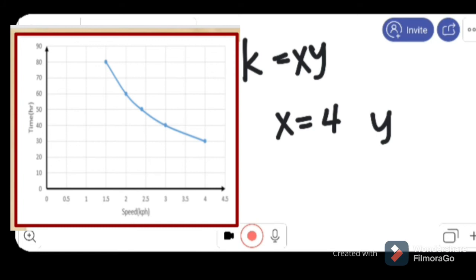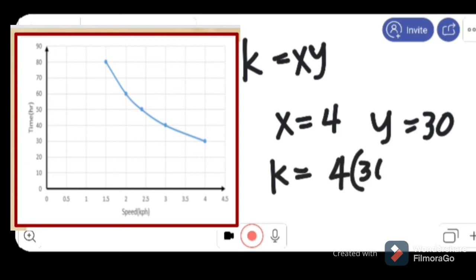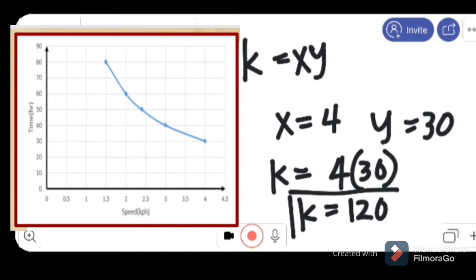From that point, what are the coordinates? We have 4 and y is 30. Now, let's solve for k. We have 4 times 30. K now is 120. Now, we'll change the equation.